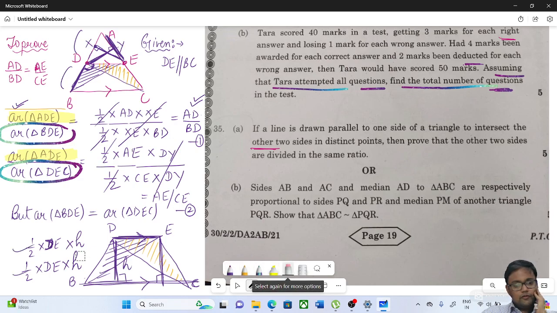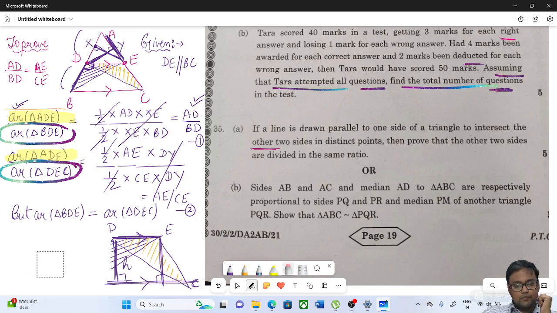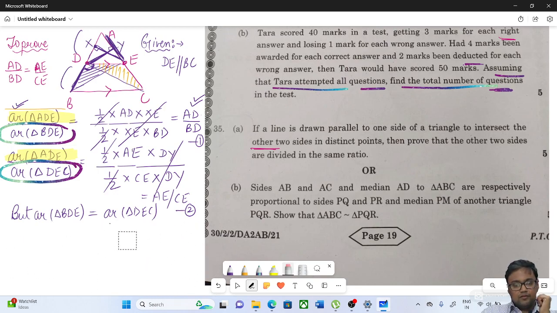This theorem was in class 9th, but that chapter was eliminated by CBSE due to the program by the government called rationalization. They rationalized the syllabus by removing some important topics.